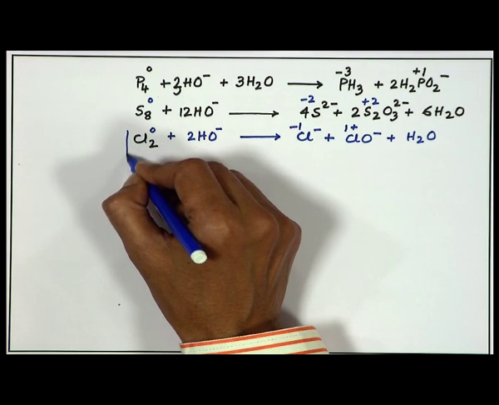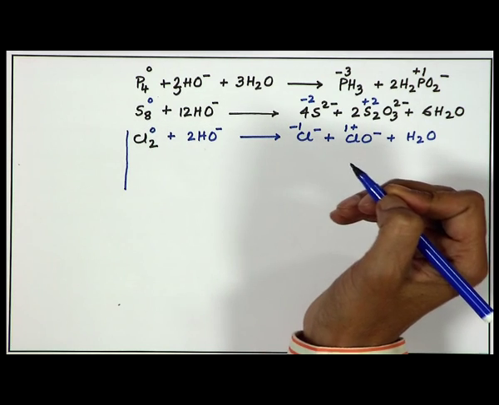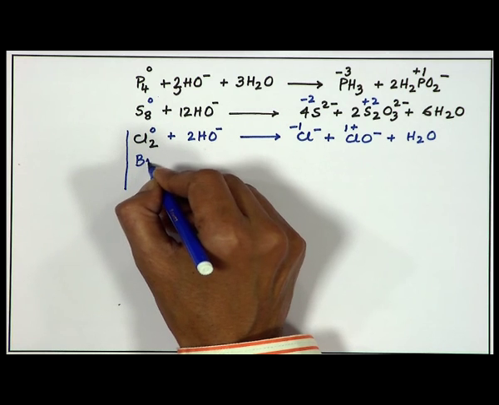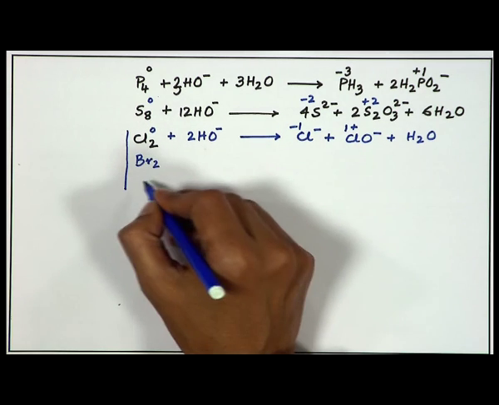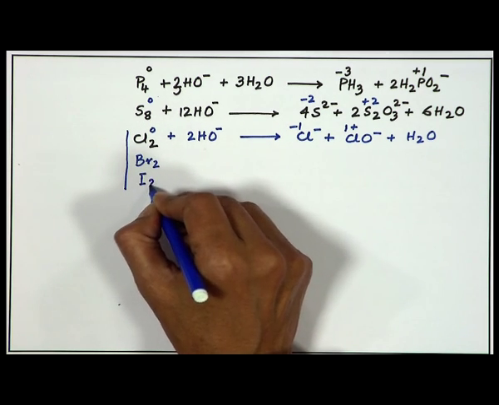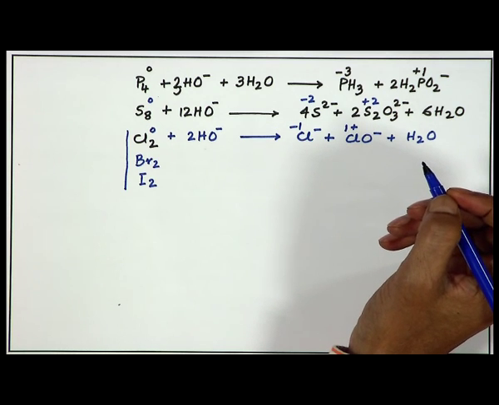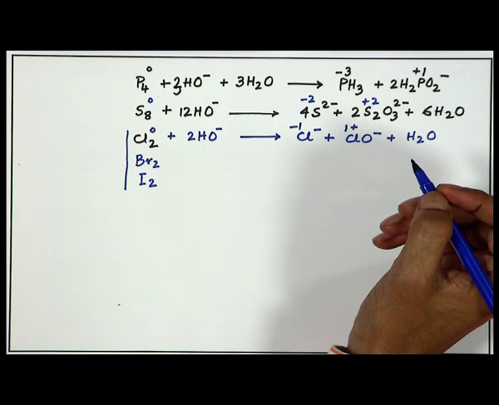All other halogens, like that of our chlorine, we can also go for the reaction with bromine, we can go for the reaction with iodine also. So, similar type of reaction we can follow with elemental bromine and elemental iodine.